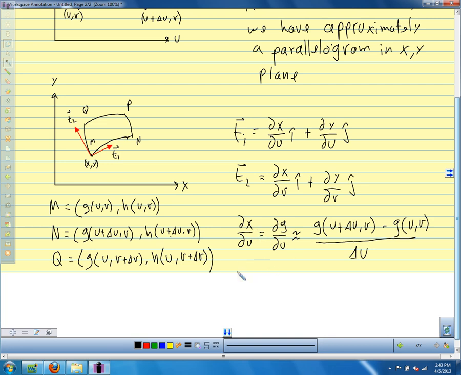And similarly, dy du is dh du, which is approximately h of u plus delta u comma v minus h of u comma v over delta u.